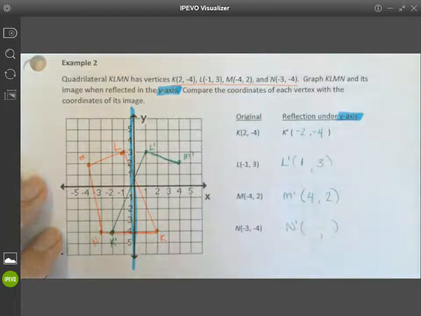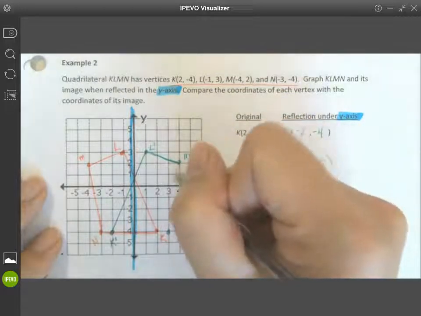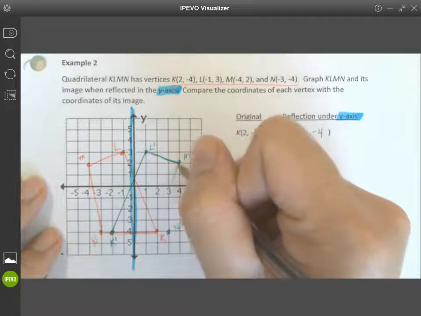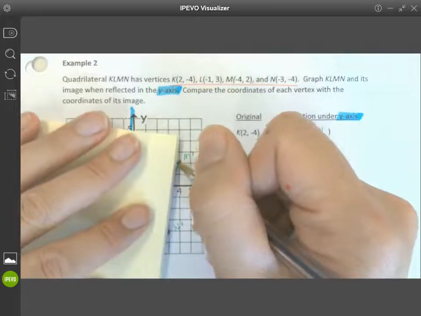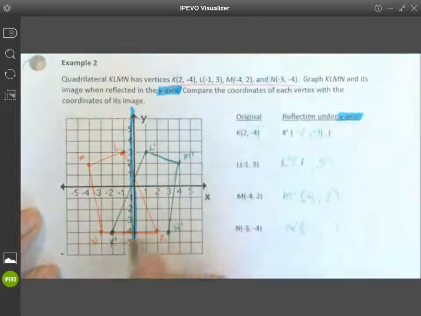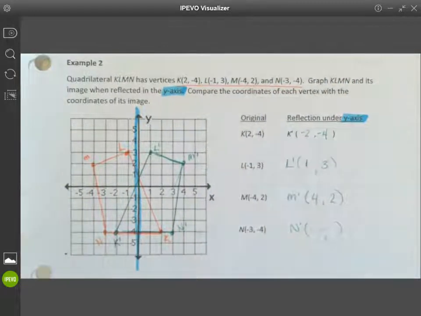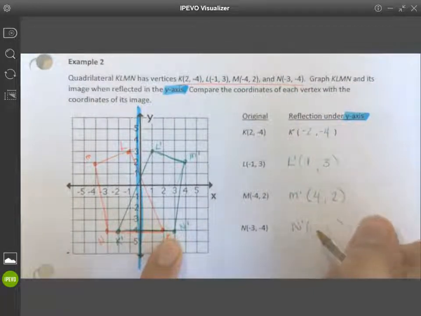All right. N is 1, 2, 3 units, so it's going to go 3 units to the right. So look at your paper. Do you have them labeled and do you have it connected? Oh, well, I'm not doing a very good job there. There we go. All right. What is my N value? 3, -4. Do you guys agree with that?